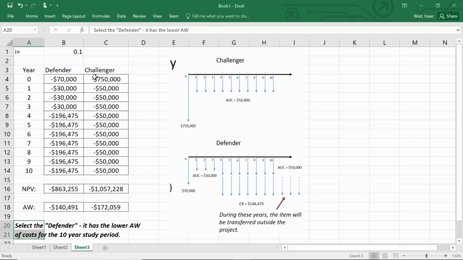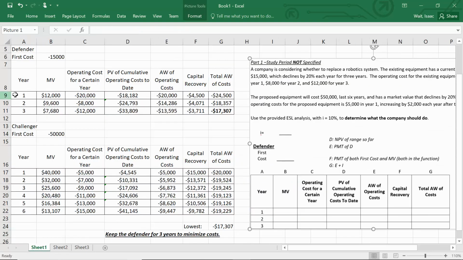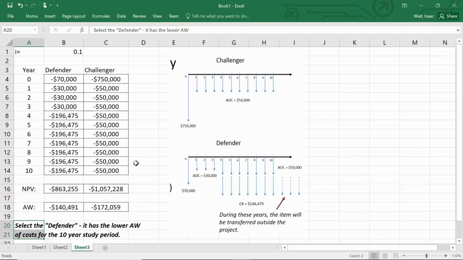This procedure is a lot easier than what we were looking at for the first part of the in-class exercise. If we toggle back to that first sheet, we had lots of different rows, lots of different columns, and so the difference between the two is the study period was not specified, so compared to here, we know it's going to be 10 years.